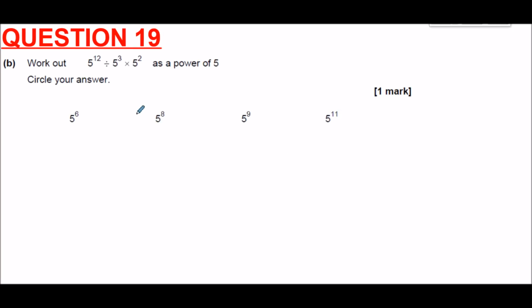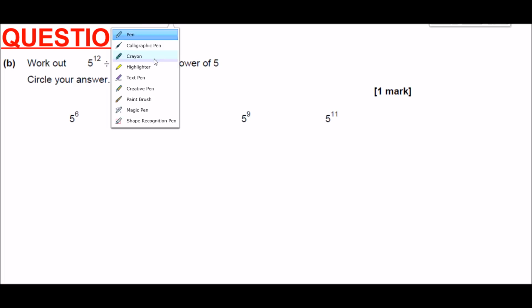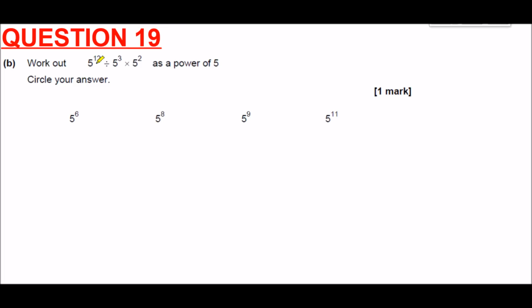And for part B of question 19, it says work out this as a power of 5. I'll give you 2 different ways. The first way, if you can remember laws of indices, if the thing you're raising to the power is the same number or the same letter, in this case all these ones with powers on are a 5, then when you're dividing, you subtract that power.